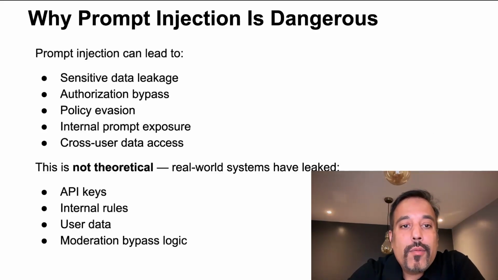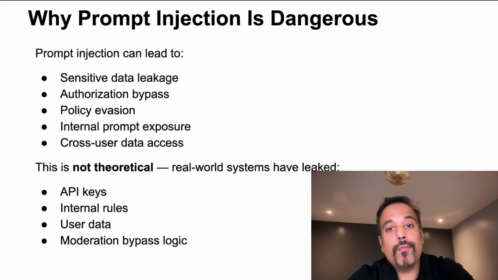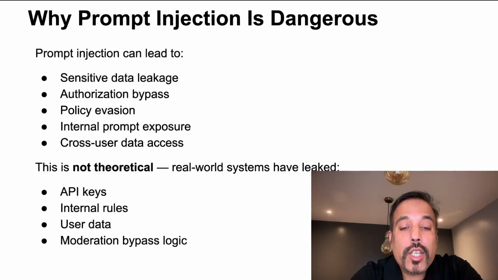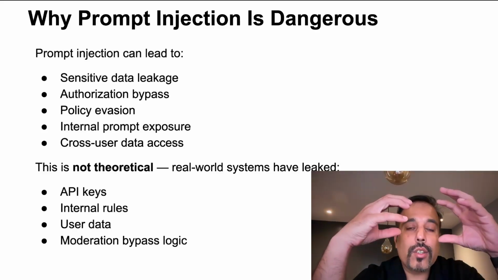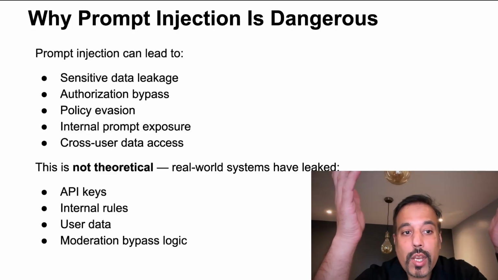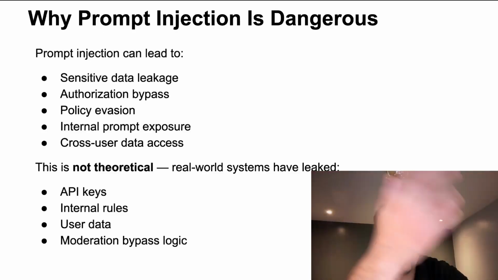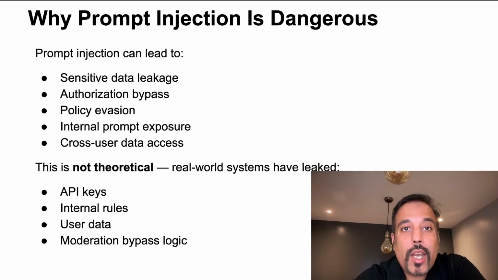Obviously, as I mentioned, nowadays it's more than chatbots. You can use LLMs and GPTs to send emails, query databases, and make API calls. All these are interlinked things. So sensitive data can be leaked, with authorization bypass, eventually policy evasion, internal prompt exposure, and cross-user data access.